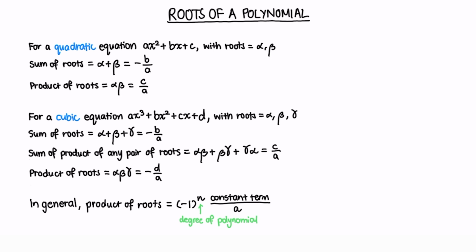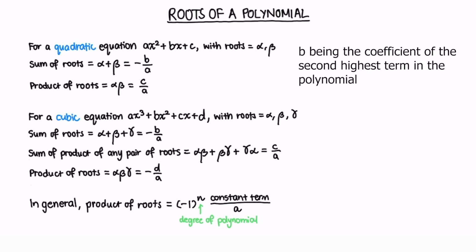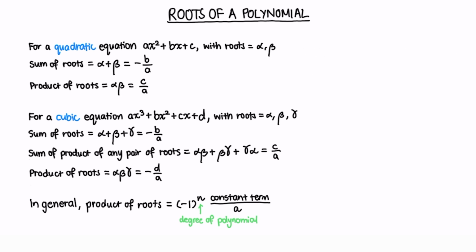Now if you look over here, there's some sort of a pattern going on. Can you see that the sum of roots is always equal to negative b over a? And one more thing, the product of roots is always the constant term over a. In this case, c over a, and over here is d over a. And it's only negative for odd degree polynomials, such as this cubic equation over here, negative d over a.